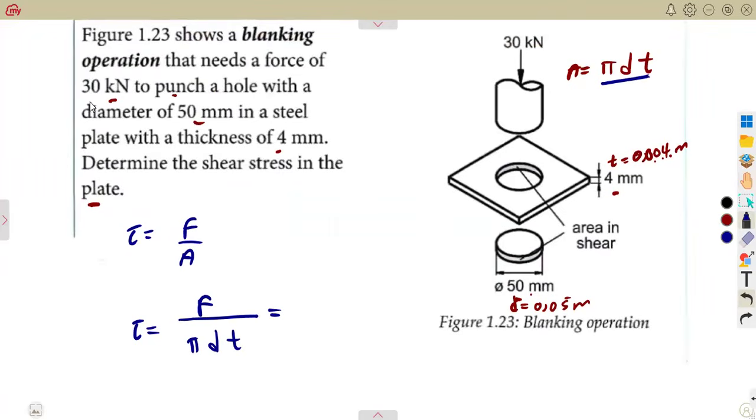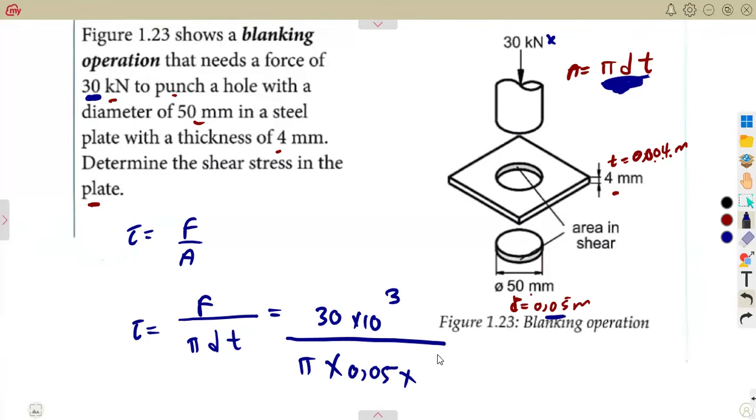So there we can substitute. The force is given. You must operate at what? 30 kilonewton. It must be able to hold that 30 kilonewton over what? Pi times d, our area. Remember, that's pi dt: the diameter, 0.05, times the thickness, 0.004.